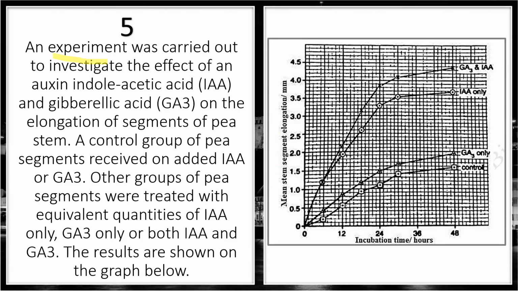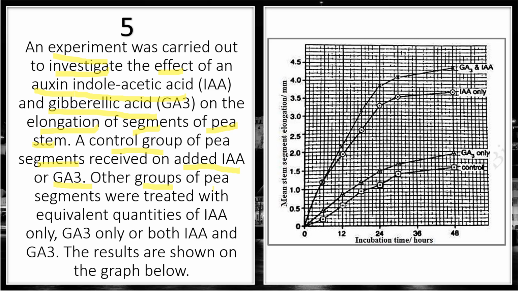An experiment was carried out to investigate the effect of auxin (indoleacetic acid) and gibberellic acid on the elongation of the segment of pea stem. A control group of pea segments received neither indoleacetic acid nor gibberellic acid.